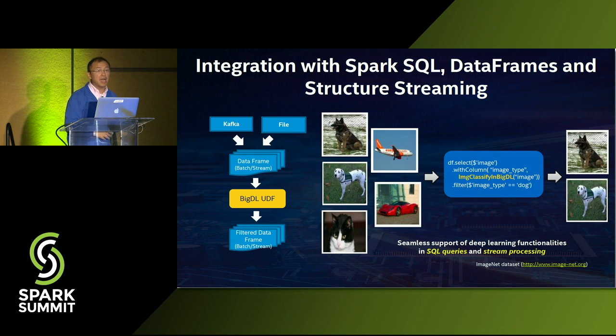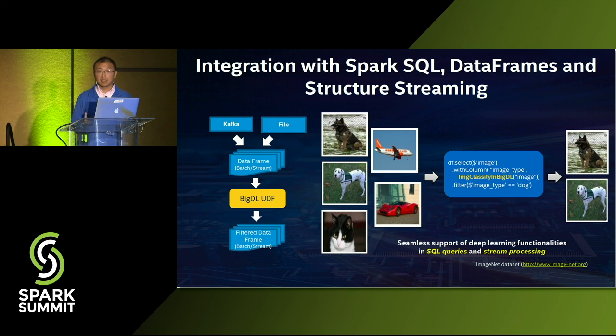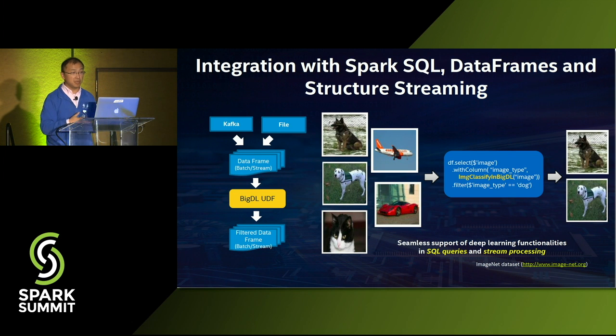So, some examples of how it gets used. As I mentioned before, BigDL is really a standard Spark program, so it can be seamlessly integrated with other components in the Spark library, like SQL or streaming. In this case, we're showing that you can create a UDF using BigDL. In that UDF, you can, for instance, load your BigDL model, and then say you have a database of different images.